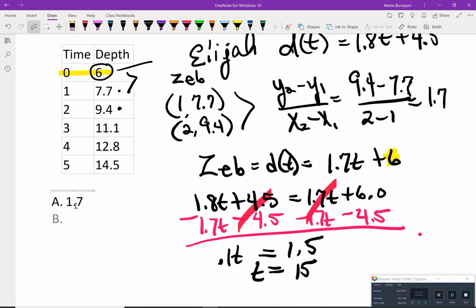Answer choice B is 4.5. C is 10 and D is 15. So obviously this would be our answer choice, D. Awesome. So that's another type of question they may ask you using the formula. You need to be able to do those.